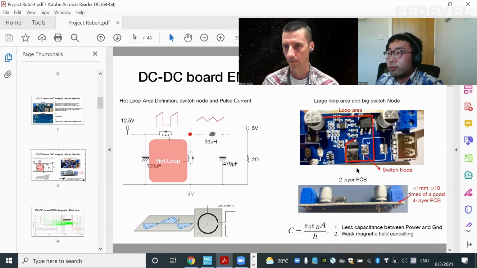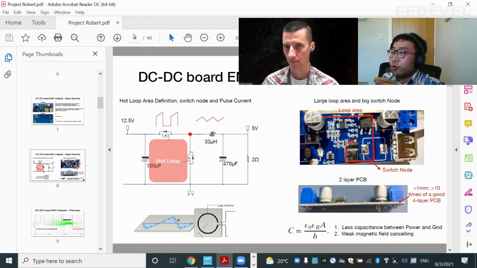The solid continuous ground plane underneath actually has two main purposes. The first, for reducing the hot loop area, is this: if you look at a current going on the top layer, it will generate a magnetic field.